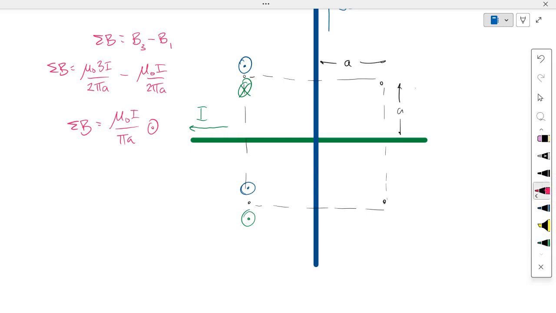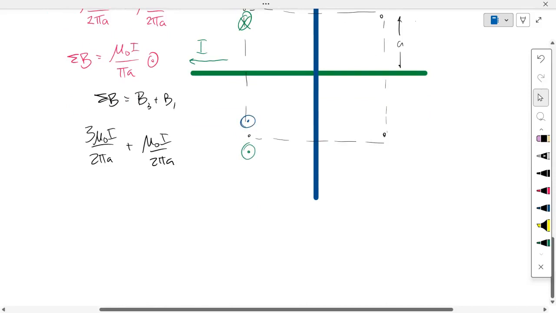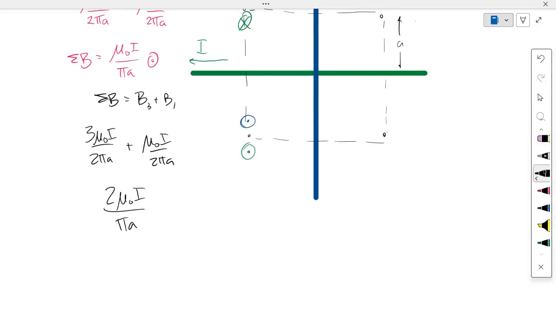And so net B down here, well, we can add these. B3 plus B1. Here's the strength of each, but now we simply add them. So 3 mu naught I over 2 pi A plus mu naught I over 2 pi A. We get positive 4 over 2, mu naught I over pi A, also out.